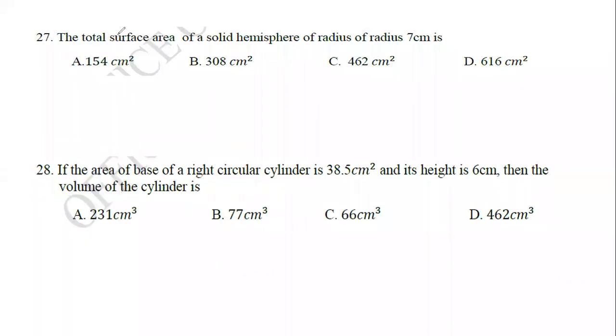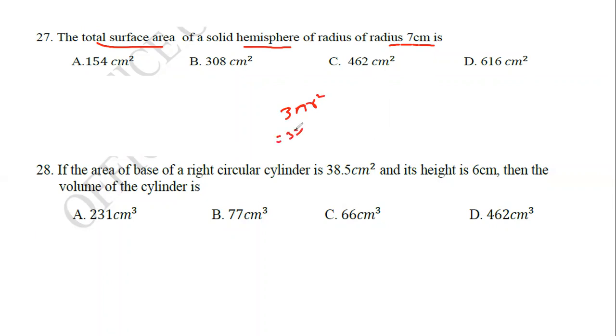Next, 27th question is the total surface area of the solid hemisphere of radius 7 centimeter. So what is the formula? Total surface area of the hemisphere is 3 pi r square.